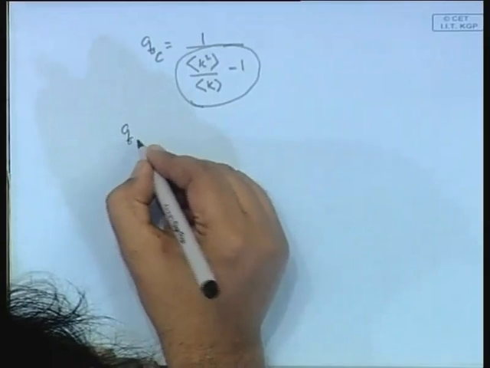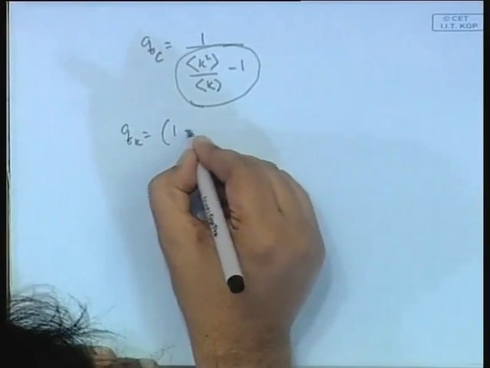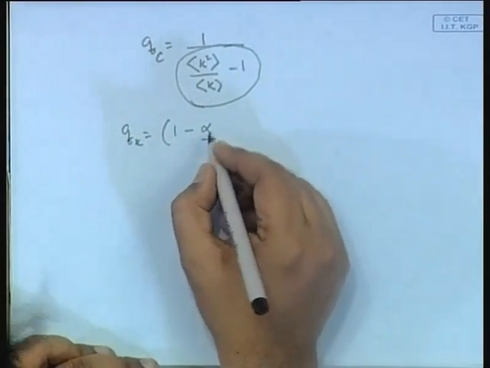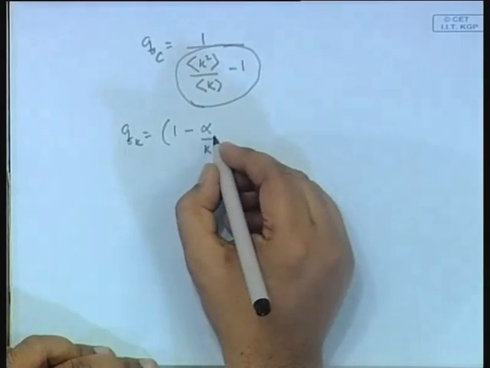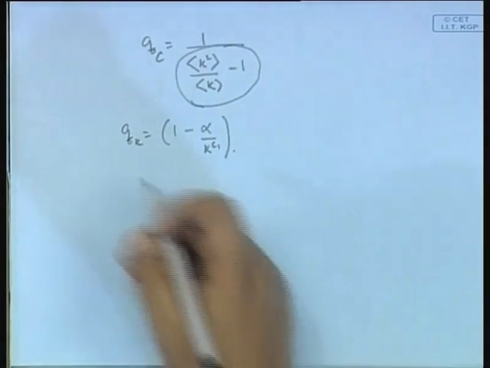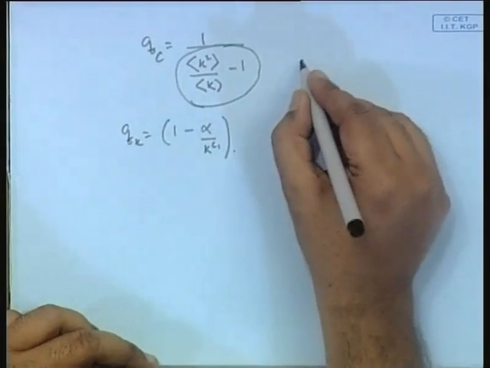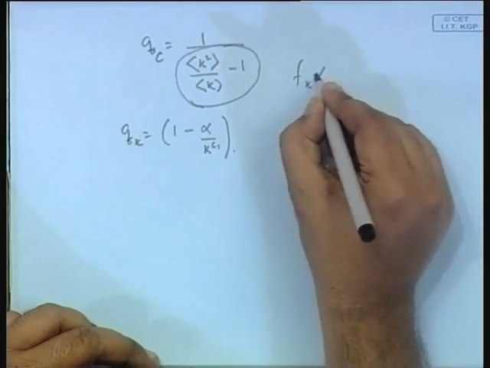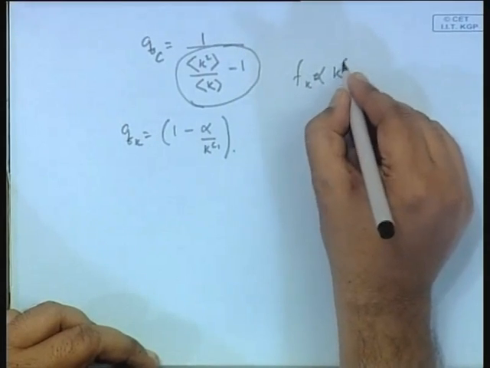Similarly, you can do this for qk is equal to 1 minus alpha k to the power c 1. We had put fk proportional to k to the power c 1.